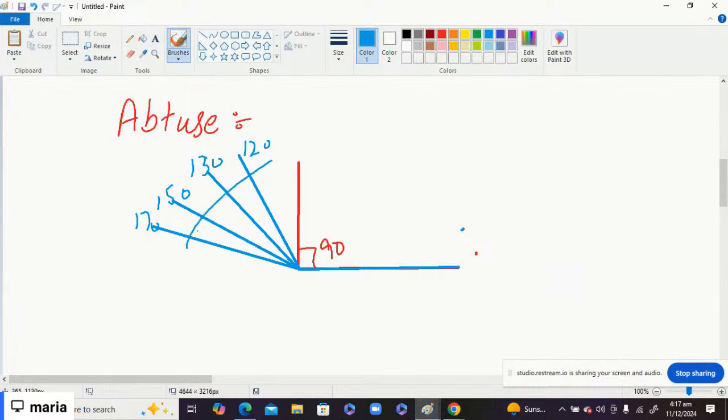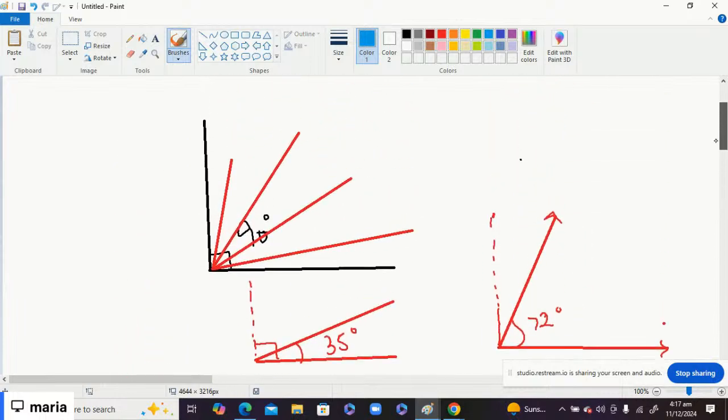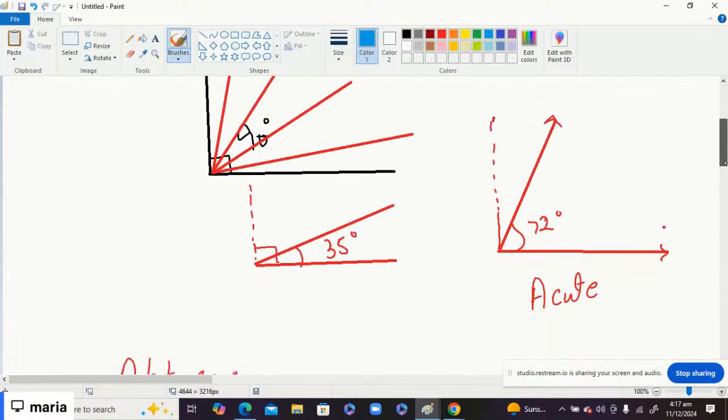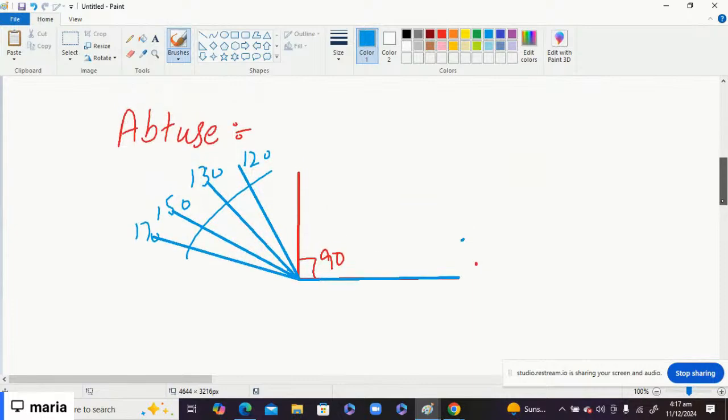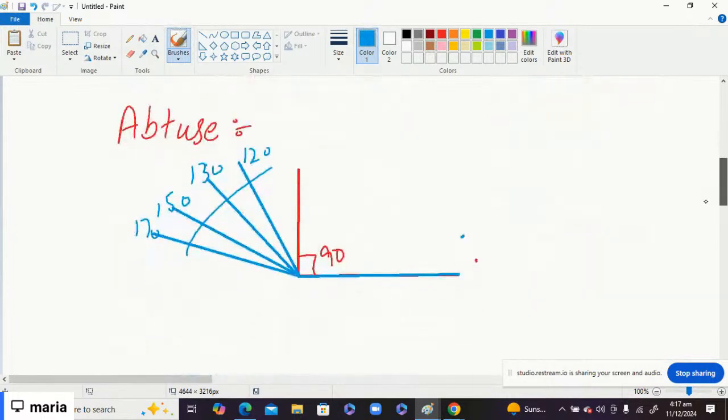These are all angles greater than 90 degree, that is called the obtuse angle. The angle which is less than 90 is called the acute angle, and the right angle is already given, which is 90 degree.